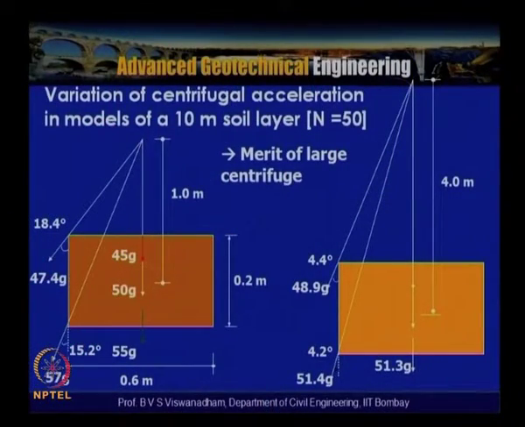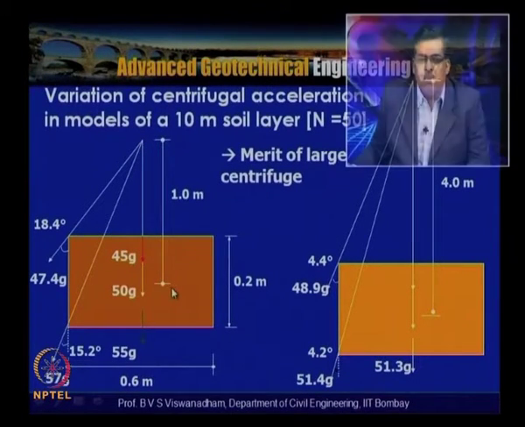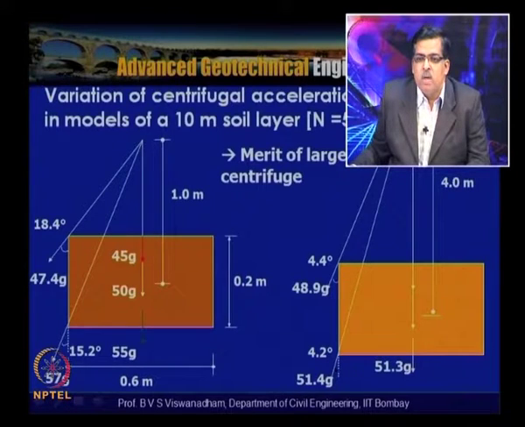In this particular slide, the merit of a large centrifuge is shown. Here there is a radius of 1 meter from the center of the shaft to a certain point within the model. Similarly, here the radius is about 4 meter. There is variation with the horizontal distance, but it is limited.